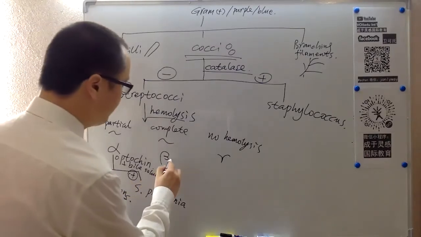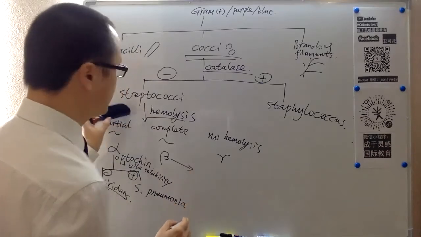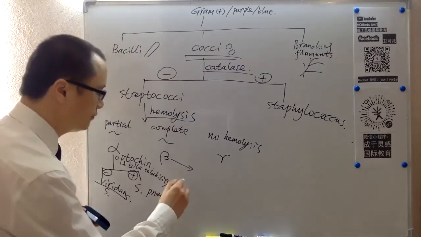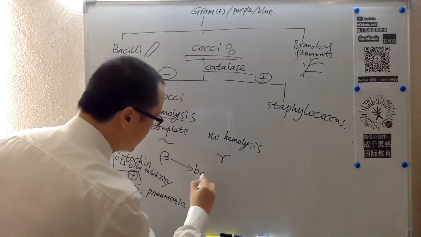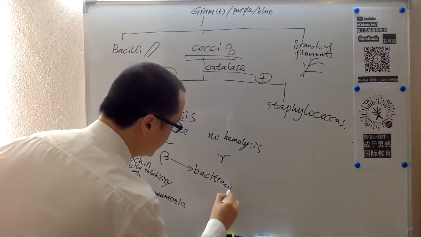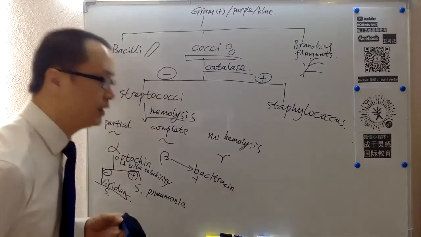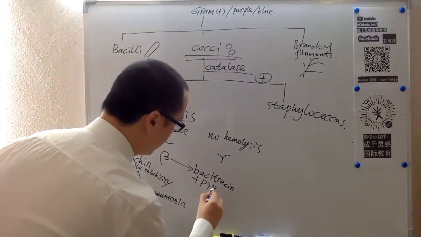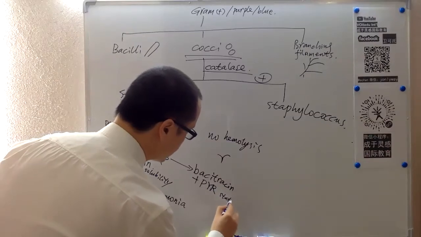As to the beta streptococci, we can make use of bacitracin as well as the PYR status.